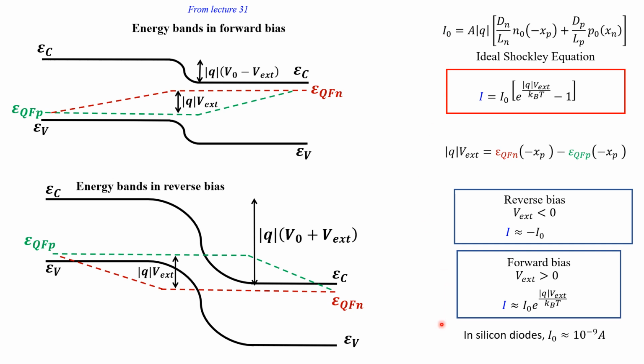To give you an example, in silicon diodes, this current is of the order of nanoamperes. So that means that in reverse bias, the current is very, very low, which means that the p-n junction operates basically as an open circuit.